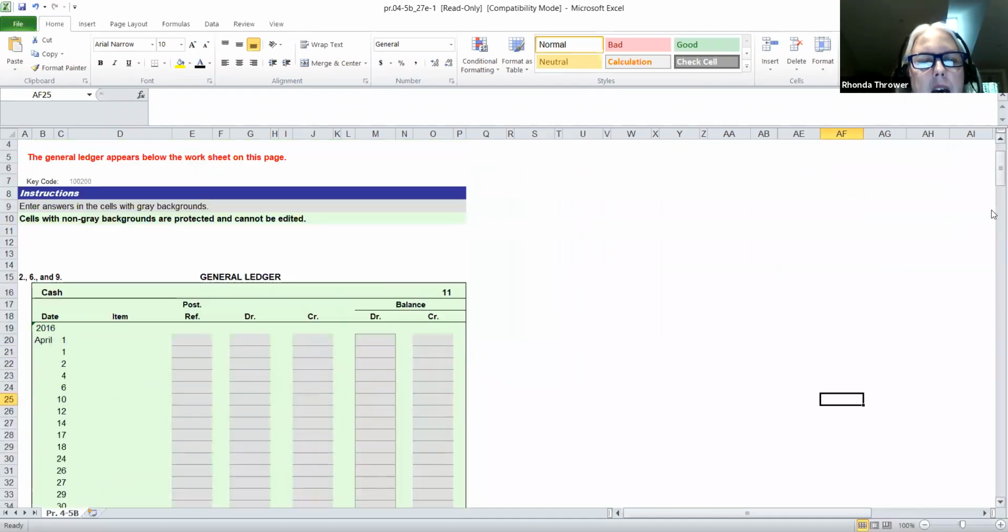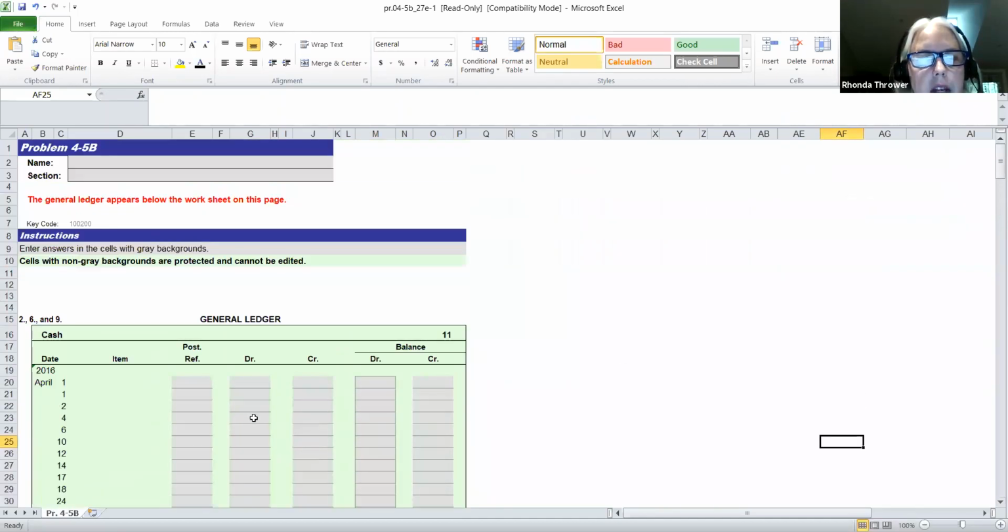And you're going to be copying into this general ledger the things that happened from your journal. And you'll remember one of the first things that happened to the cash account in the journal entry for the April 1st transaction, that we had a debit to the cash account. And this is the cash account, this is your general ledger. You would be copying it from the journal.